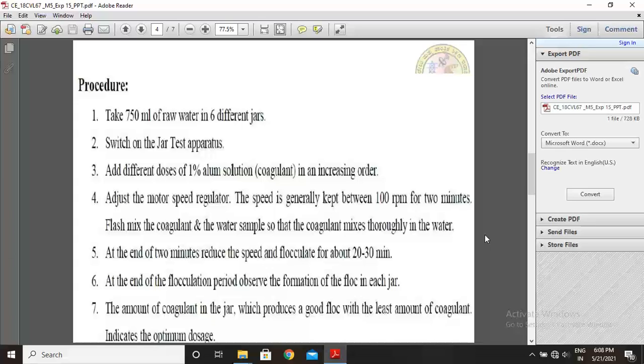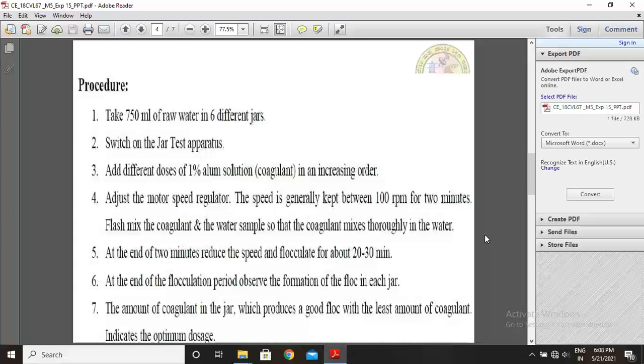Then third step, add different dosages of 1% alum solution in increasing order. That means in first jar 1 ml, in second jar 2 ml, like that you add in increasing order. Now adjust the motor speed regulators.